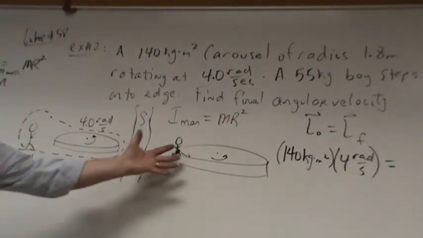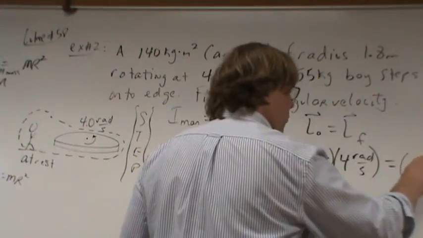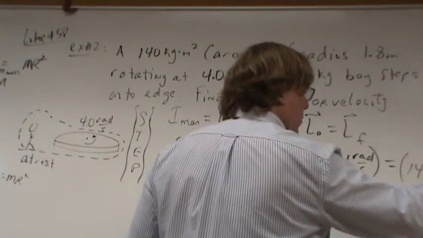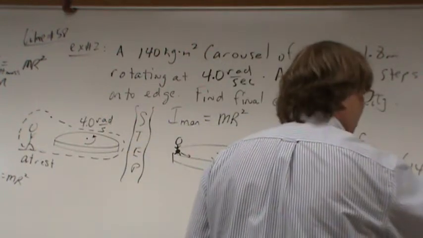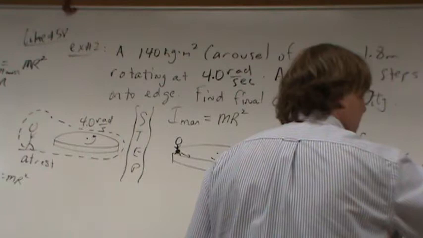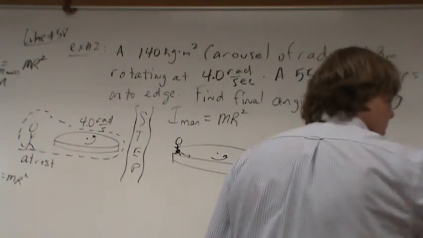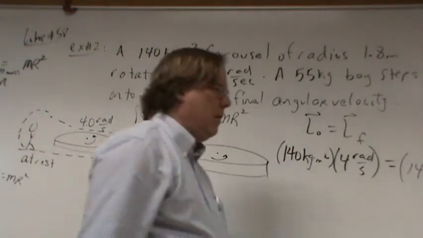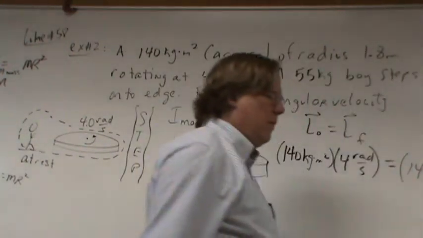Afterwards, they are rotating together. So you're going to add that 140 kilogram meter squared to the rotational inertia of that guy, which is going to be 55 kilograms times 1.8 meters squared. And then that'll be multiplied by the angular velocity of the system.